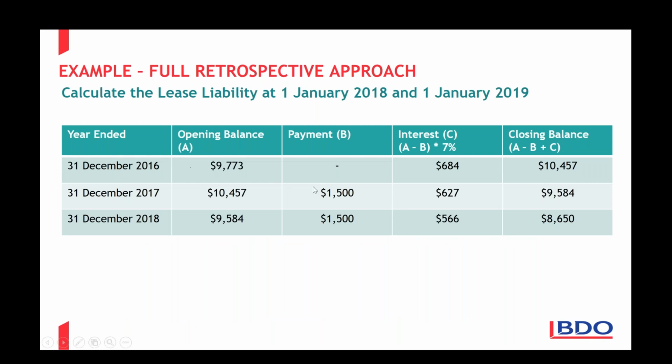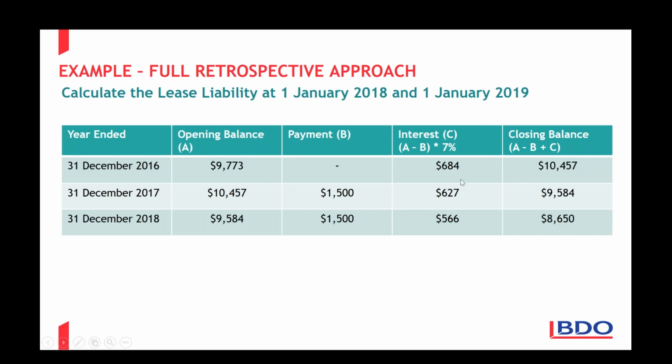Here it means that our opening balance in 2016 was 9,773 on the liability side. We work out the interest based on the 7%, which was the interest rate implied within the contract, which I've given you, and you work out the closing balance.